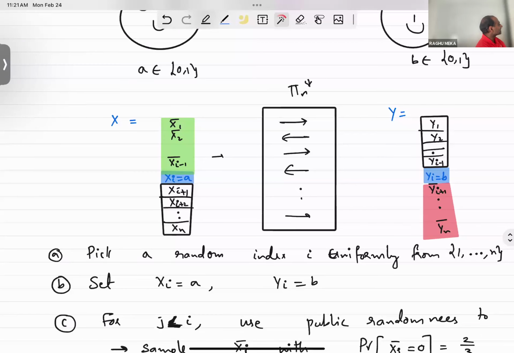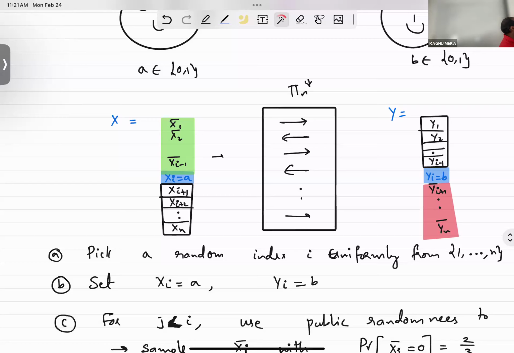Do the other things depend on A at all? No, right? They're all sampled independently. I was sampled independently. X1 through X_{i-1} bar were sampled independently. Y1 through Y_{i-1} were also sampled independently of A, right? Bob never knew what A was.